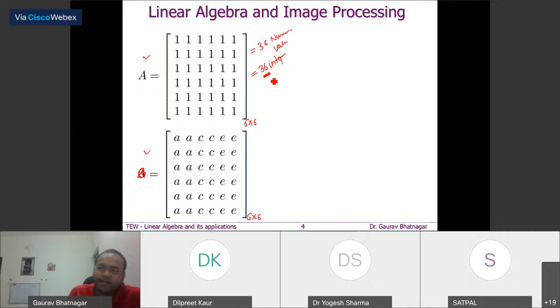Is it possible to store the same matrix in a much smaller amount of storage when compared to the 36 integers? So is there any way? Can anyone tell me how to store the same matrix without storing the 36 values? I just want to store maybe 10 values, 8 values, 5 values, maybe 6 values. Can anyone tell me how to proceed? Any intuitive idea?